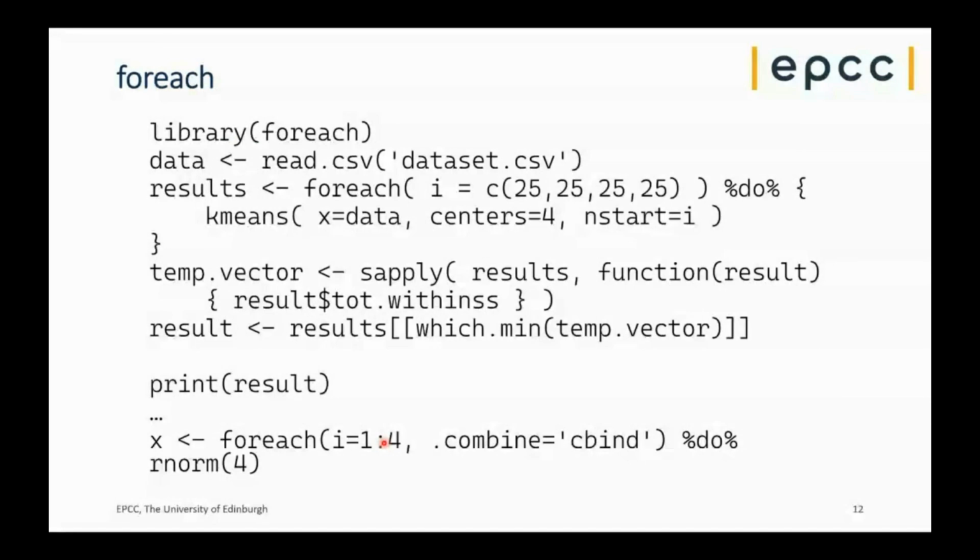There's also a foreach library which will parallelize loops, either implicit or explicit loops for us here. So we can do exactly the same thing, where we read in the data set. We're still doing this function where we call k-means, but here we're doing it as a loop. foreach, and this is the iterations of a loop, do this, and everything else pretty much stays the same.